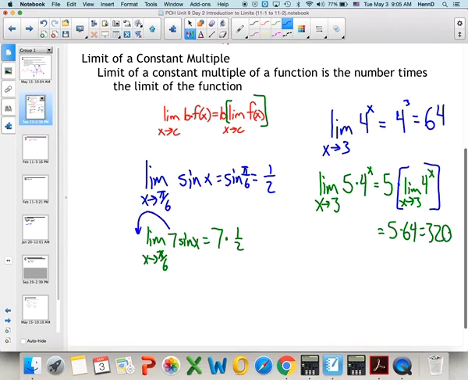And then I just have sine of x that I'm taking the limit of. 7 times 1/2, and I get 3.5. Does that make sense? It's a really useful theorem that'll help keep your numbers smaller, and will help you evaluate things a little more efficiently. So that's another theorem, the limit of a constant multiple.